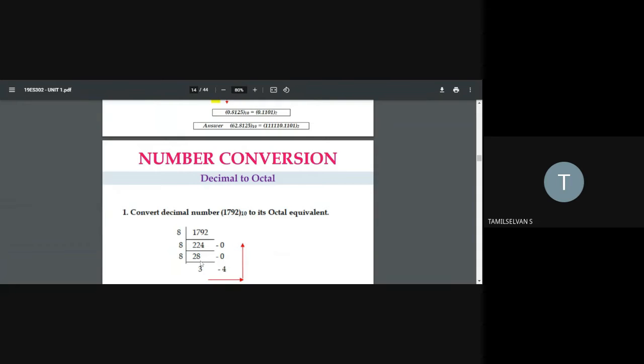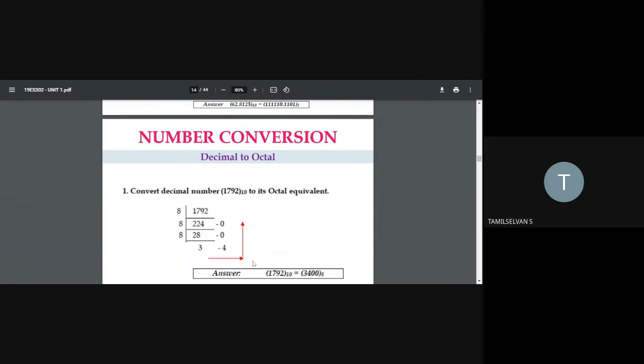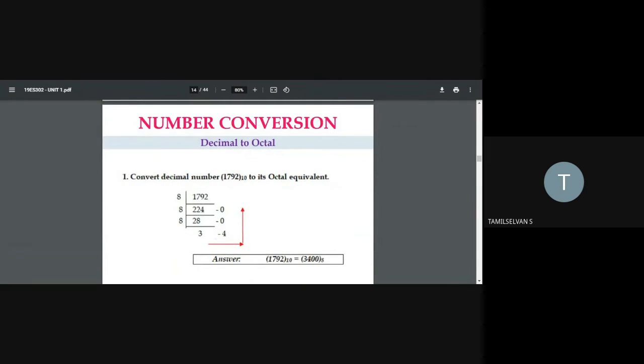Then 28 divided by 8, 3 8s are 24, remainder is 4. The same methodology has to be followed while taking the final result in the LCM method, right? So 3400 is the exact octal value for the decimal value 1792 to the base 10, right?